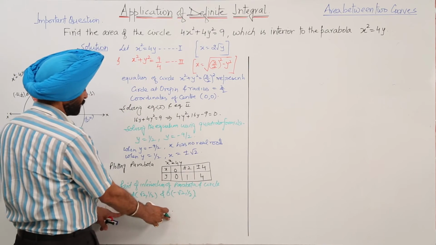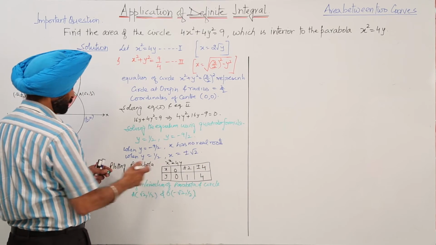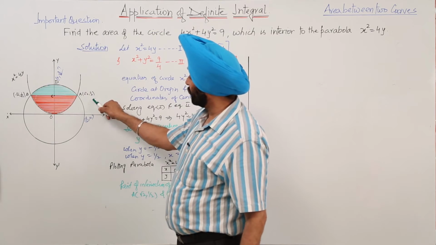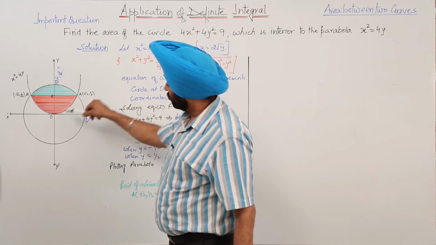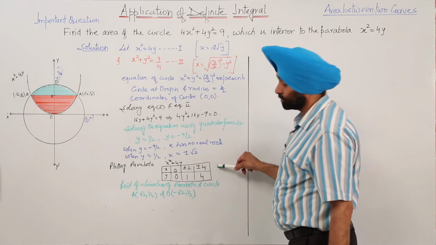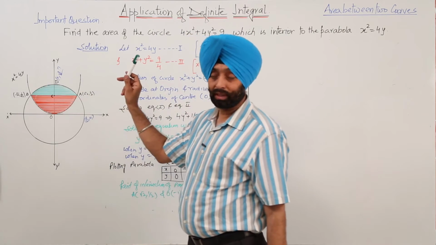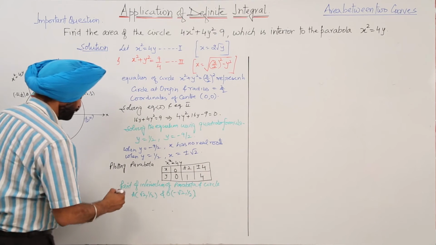So this line should have been written here, so you can just change it. Now point of intersection root 2 comma 1 by 2 and negative of square root 2 comma 1 by 2. Graph plotted with these coordinates for the parabola and circle at the center, origin at the center and radius 3 by 2. Now what is the required area?